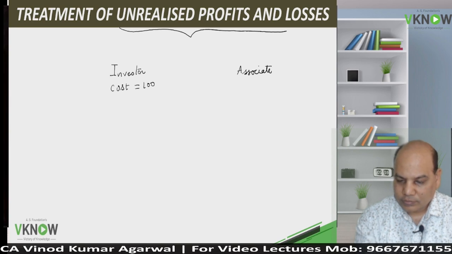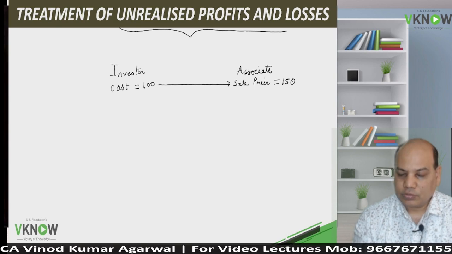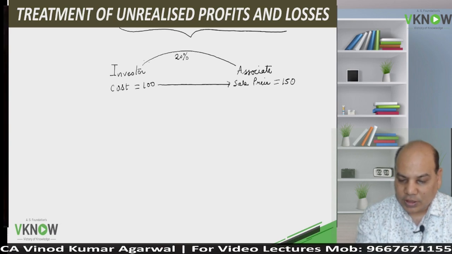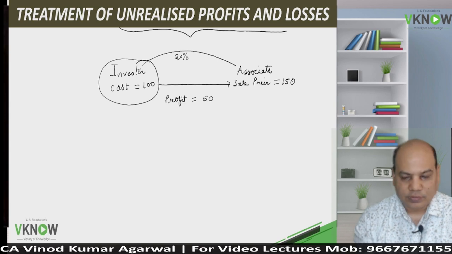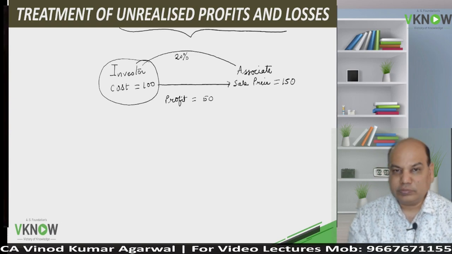Cost of inventory sold is 100, but sold to the investor for, let us say, 150, and also assume the investor holds 20% share in the associate. So the investor has made a profit of 50 rupees in this transaction.